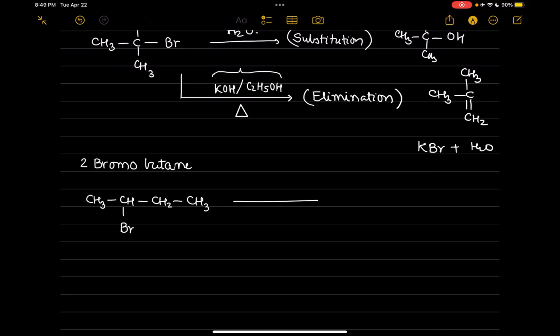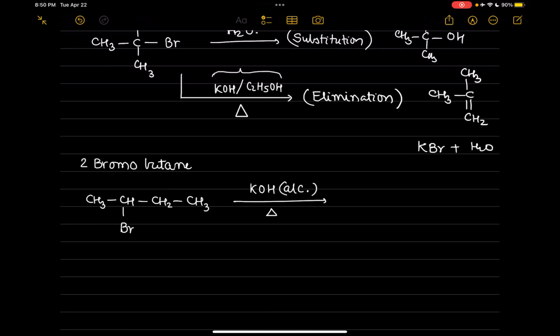And if I take alcoholic KOH and heat, what is going to happen? Alcoholic KOH and heat cause elimination of H and Br from two adjacent carbon atoms.